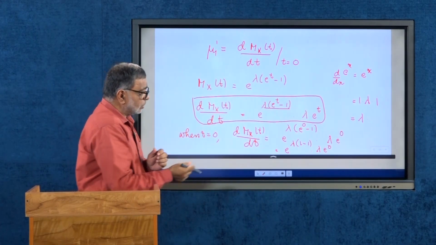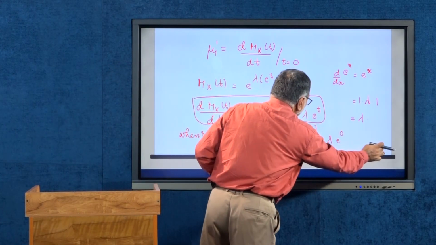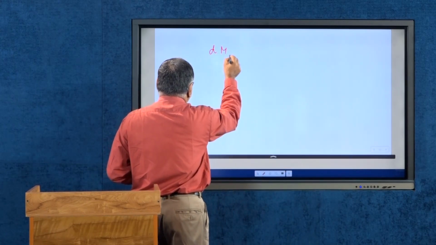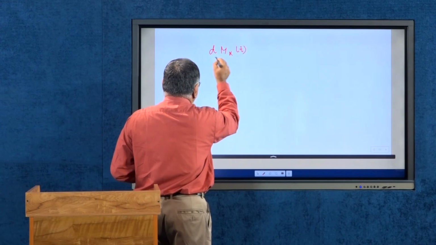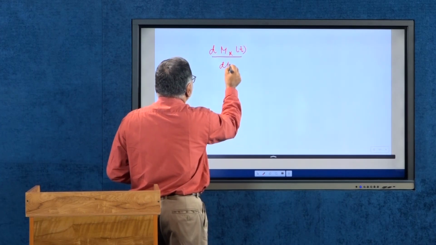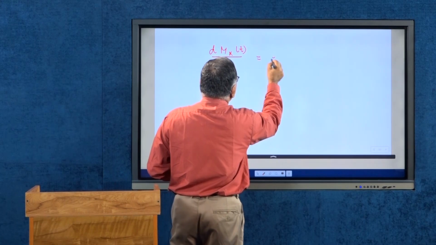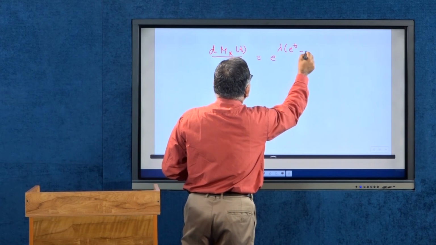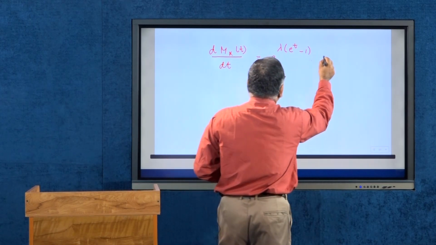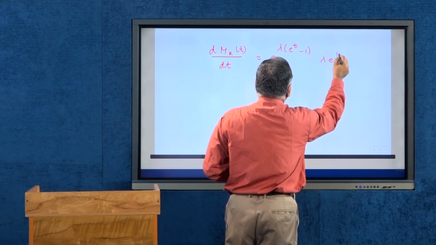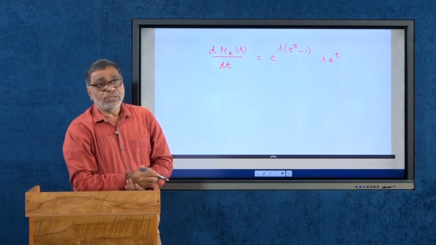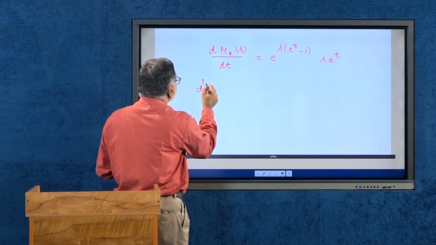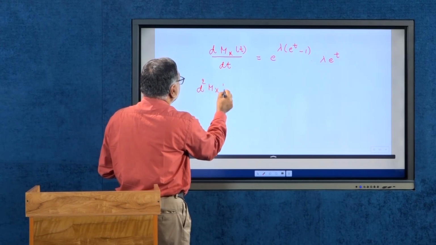The derivative of the moment generating function we obtained as e power lambda (e power t minus 1) into lambda e power t. Now we find the second derivative of this with respect to t.